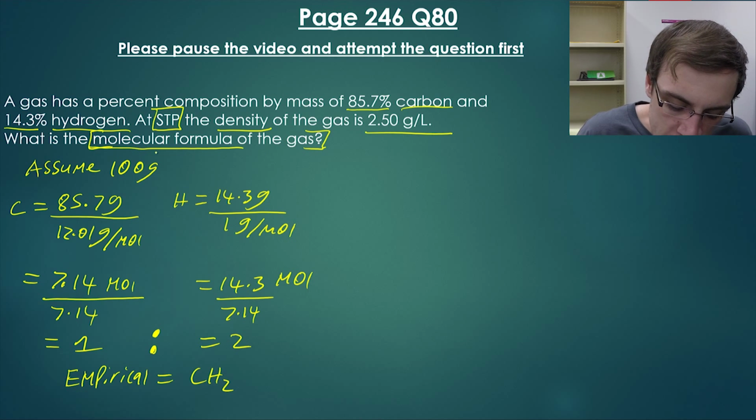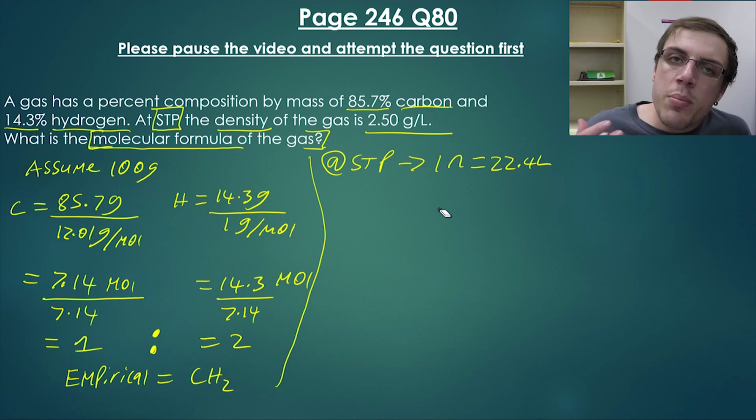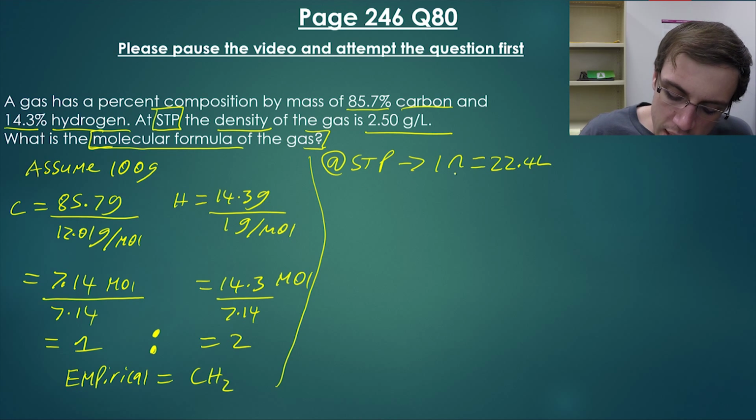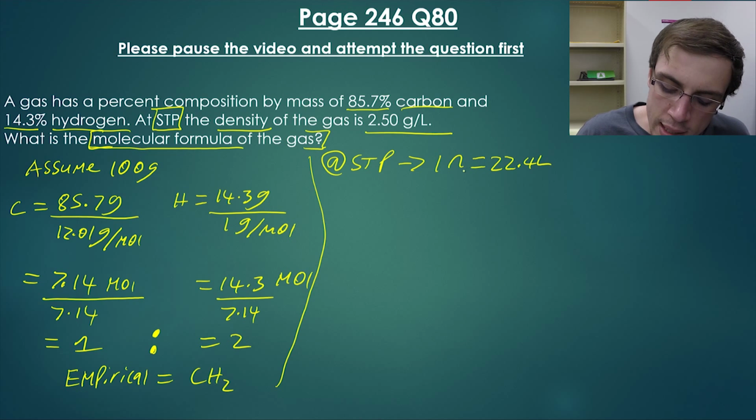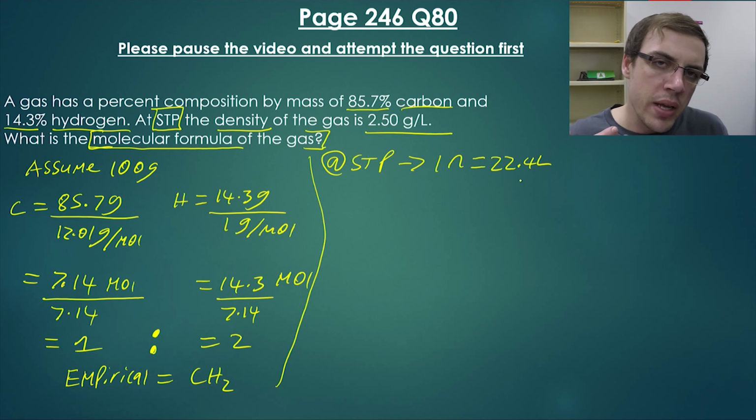Now, the question clearly states a molecular formula. So what we need to do now is find out the molecular formula. Now, it's important to note that at STP, 1 mole is equal to 22.4 litres. This is where we should start to build a bit of a link.